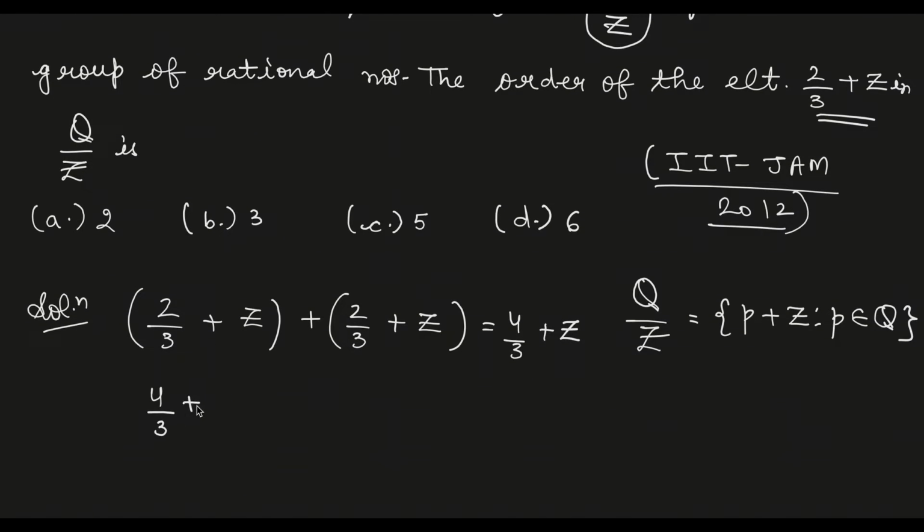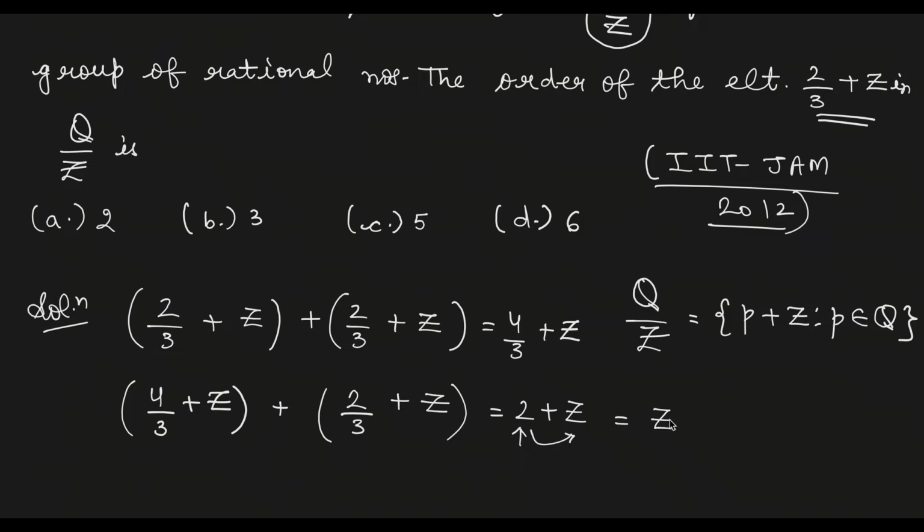Again 4/3 + Z plus 2/3 + Z, so it will be 6/3, that is 2 + Z. As 2 is an integer, it will get absorbed in Z. So I am getting Z. I have added 2/3 + Z three times, and then I am getting the identity.